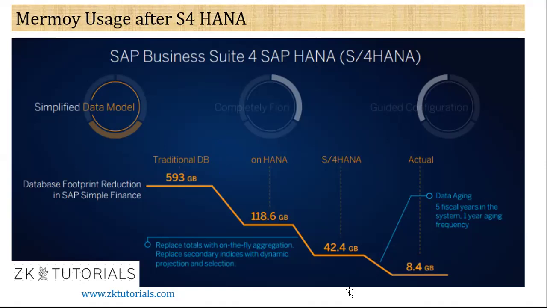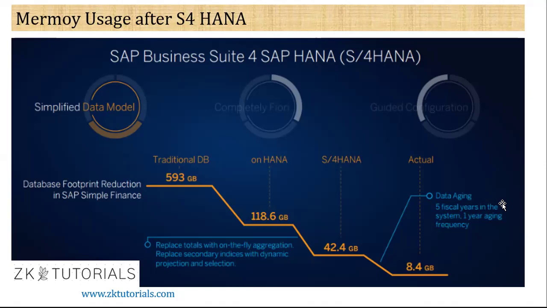Then, further on, some data aging concepts also came in. You can see it has reduced to 8.4 gigabytes of primary memory actually required to store the data. Look how much memory the actual data uses: 8.4 gigabytes.